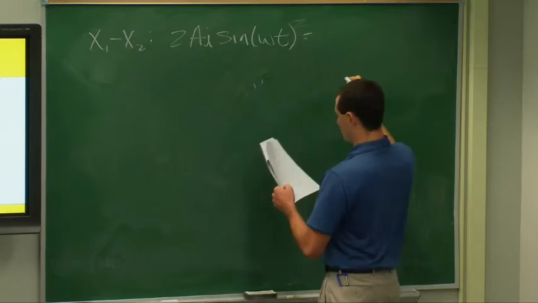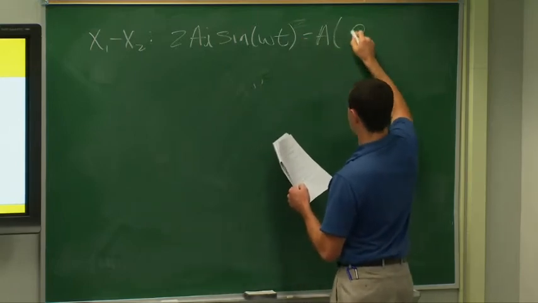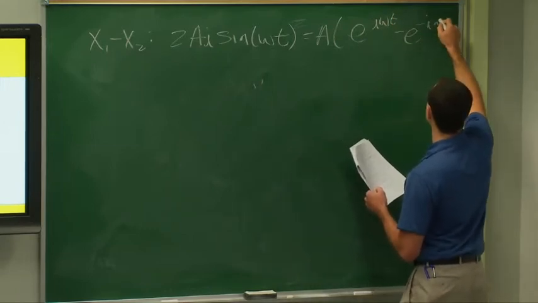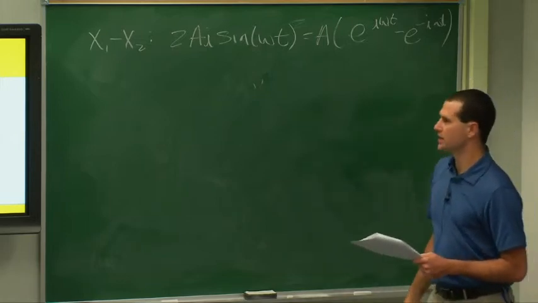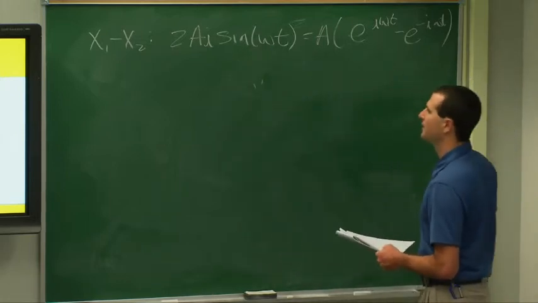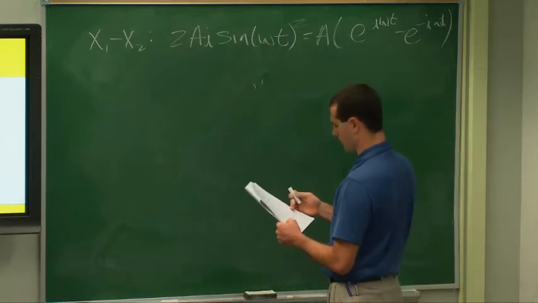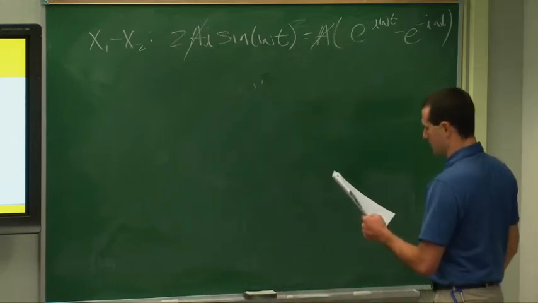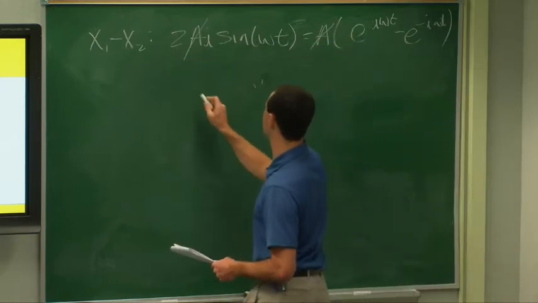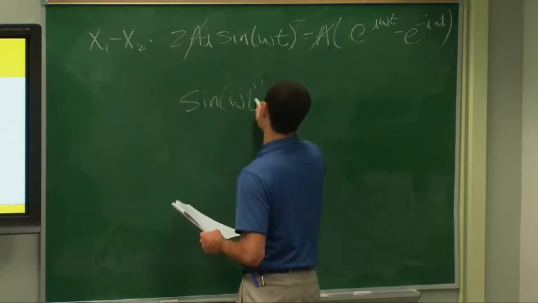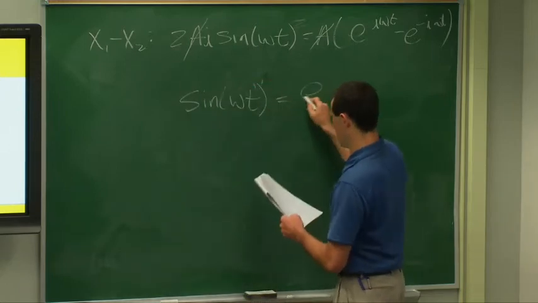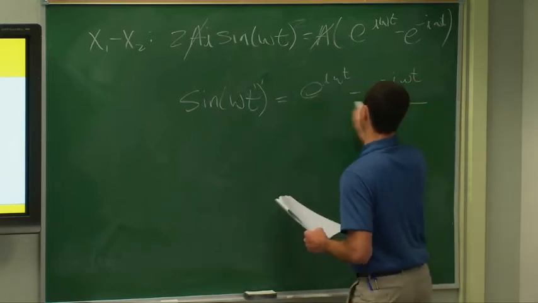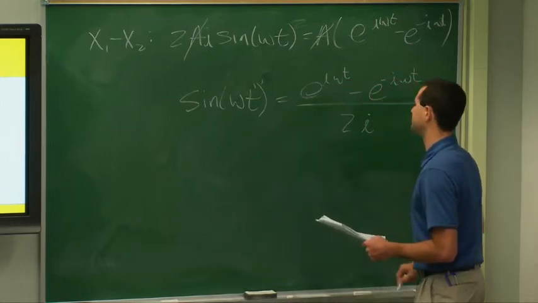And that's going to be equal to a times e to the i omega t minus e to the negative i omega t. So I skipped that first step, but the subtraction is pretty straightforward. And so now, again, we see that a is on both sides. I divide by 2i, and I get the identity for sine as e to the i omega t minus e to the negative i omega t over 2i.